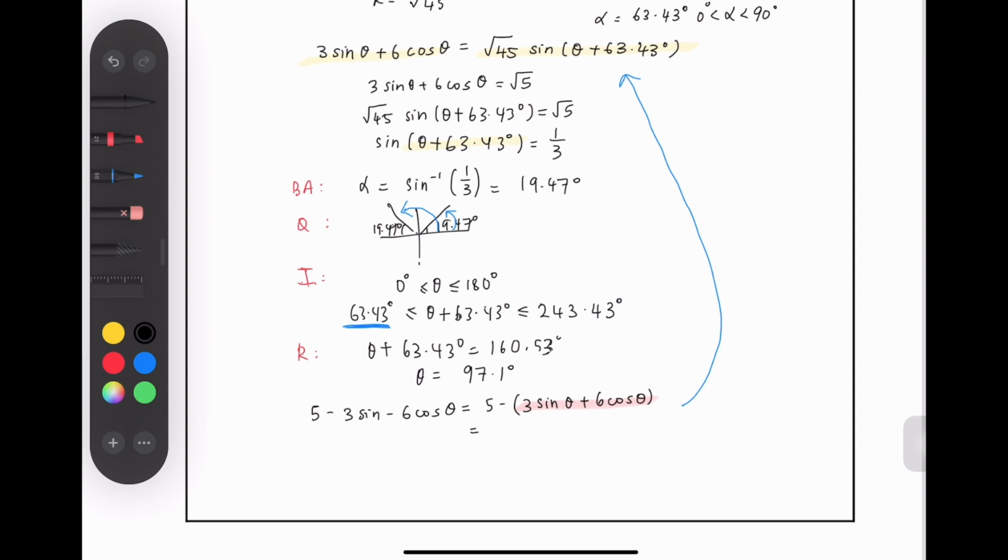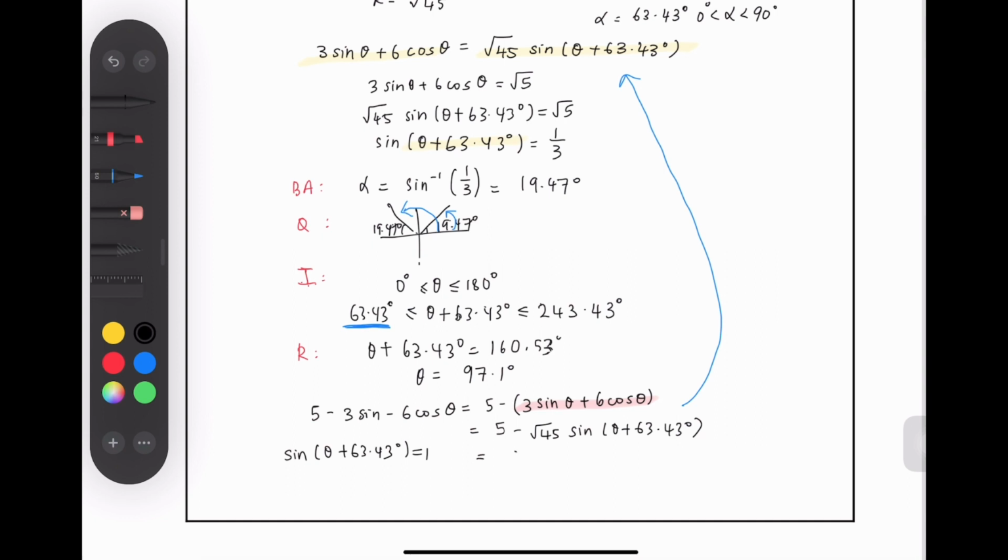So I can simply substitute root 45 sine(theta plus 63.43) over here. Let's try to substitute sine(theta plus 63.43) equals 1.